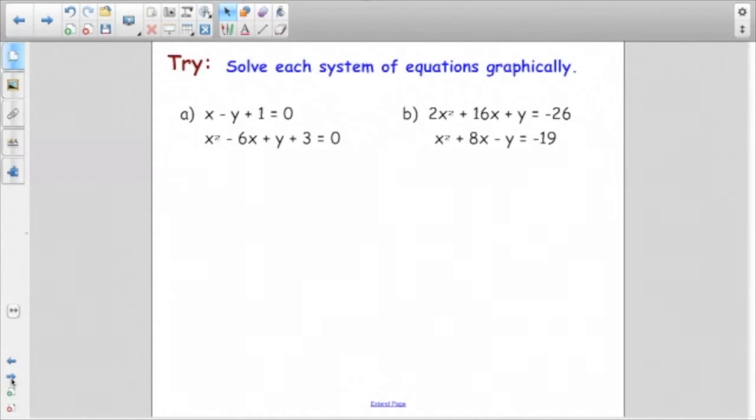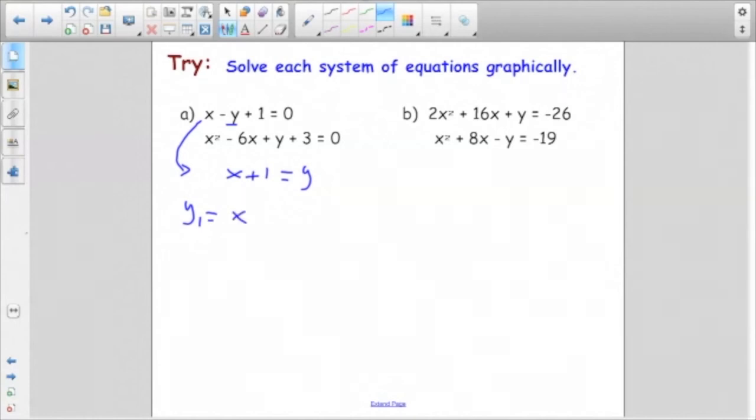Okay, so let's just take an example and try these ones. Let's just do the first one. If we look at this one, we want to get y equals. So that y is going to come over to make it positive. And so we have x plus 1. So in my y1, I'm going to have x plus 1.